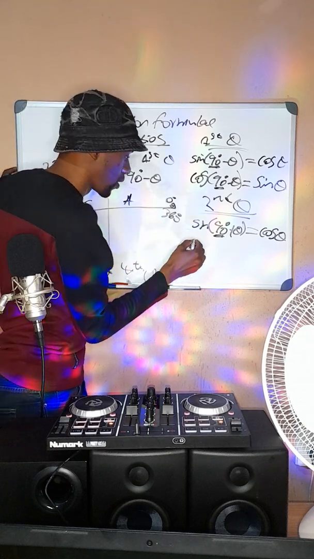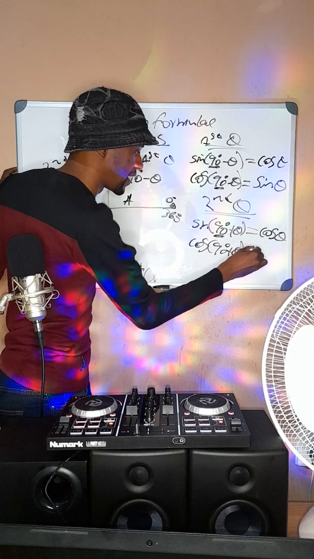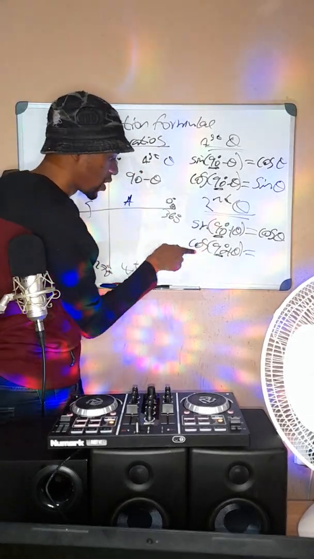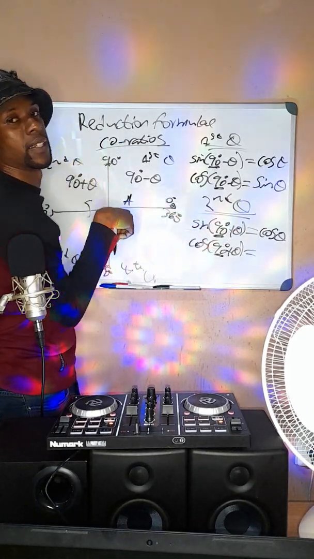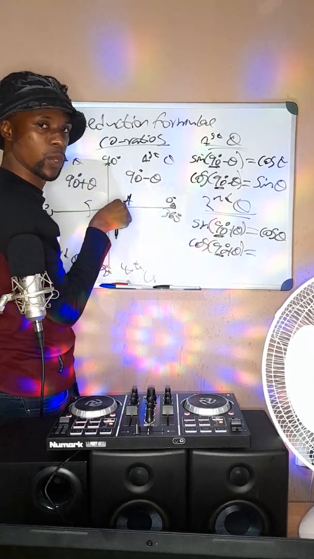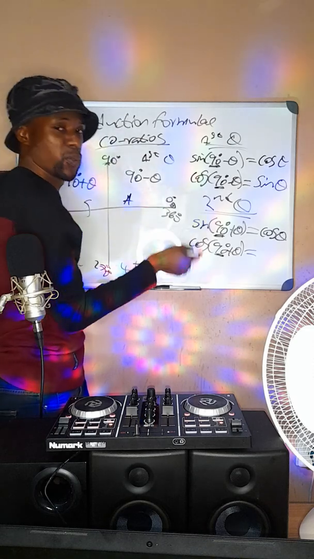Then here, we are going to have the cosine of 90 degrees plus theta there, okay? The moment we come across the 90 there, we know whatever we are having here is going to change, okay? Specifically, it's going to change to sine there, okay? Then we ask ourselves, 90 degrees plus theta, which quadrant is that one? We remember very well that is the second quadrant. In the second quadrant, is cosine positive or negative?